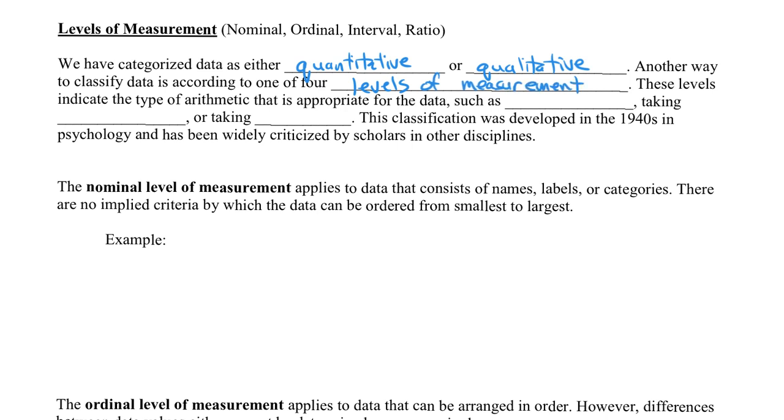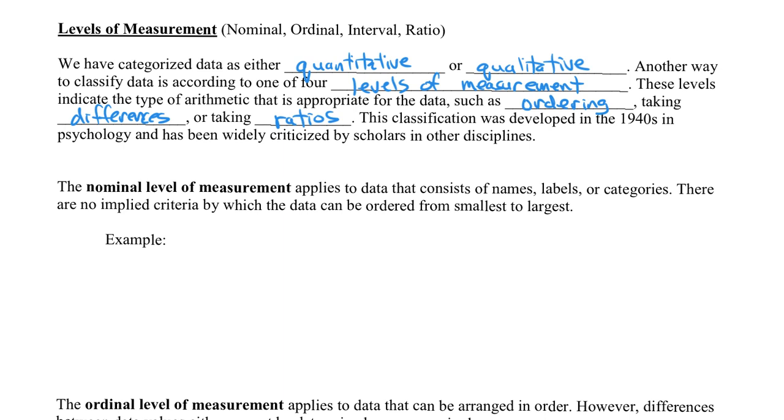These levels indicate the type of arithmetic that is appropriate for the data, such as ordering, like put the data in order, taking differences, or taking ratios. This classification was developed in the 1940s in psychology and has been widely criticized by scholars in other disciplines.